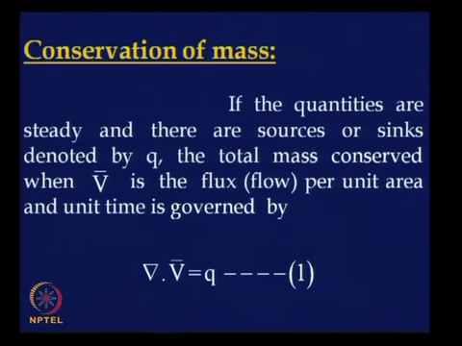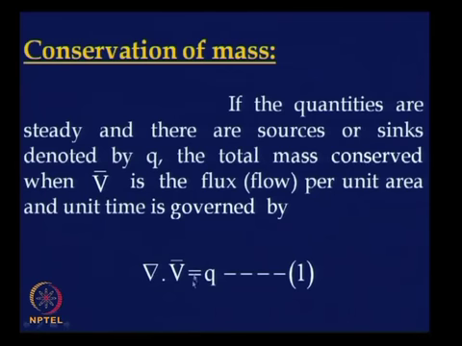In case you have sources and sinks present, then the divergence of V equals the corresponding source or sink term. So, I have written here divergence of V equals Q.